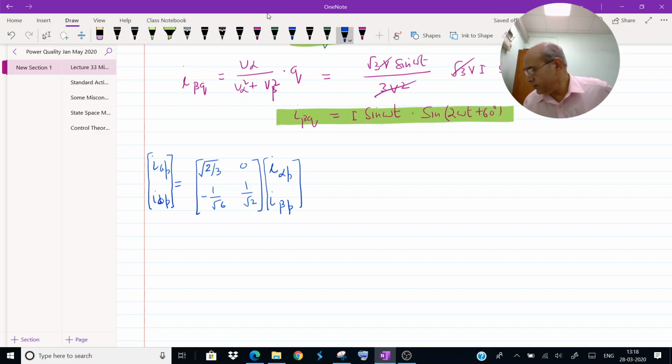You verify yourself. Don't trust me. Unless you verify, don't use it directly. Okay. So I have to substitute these values to find out AP.